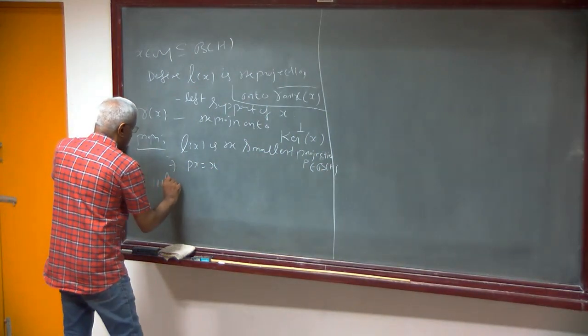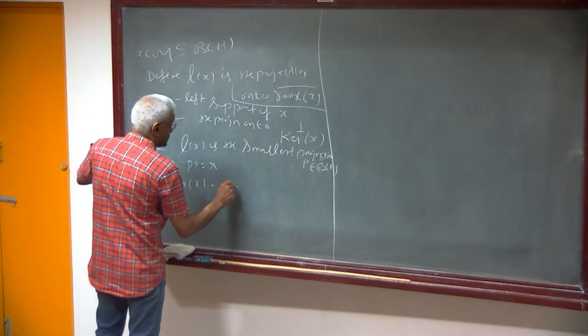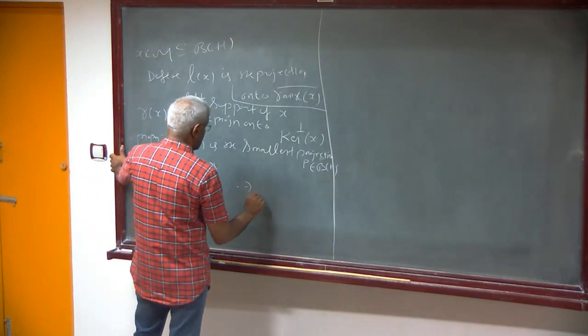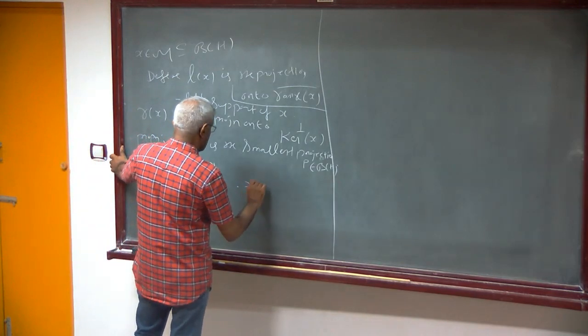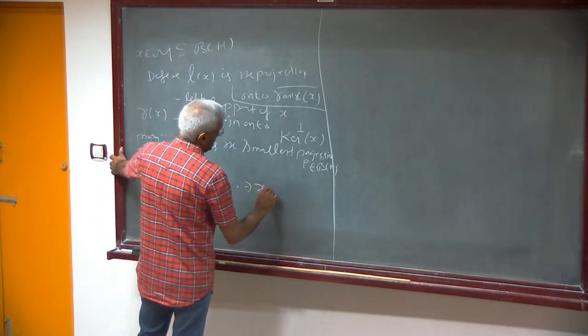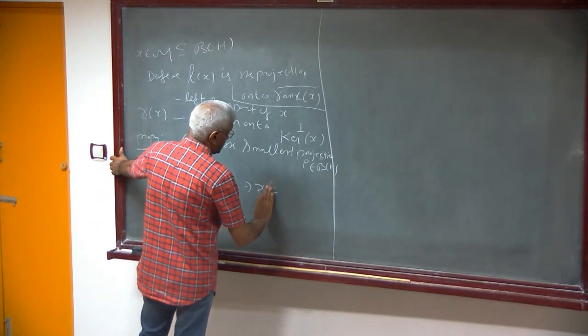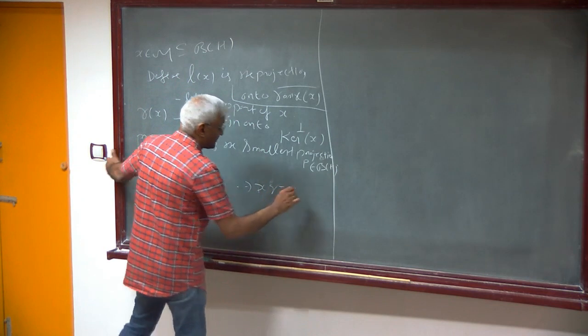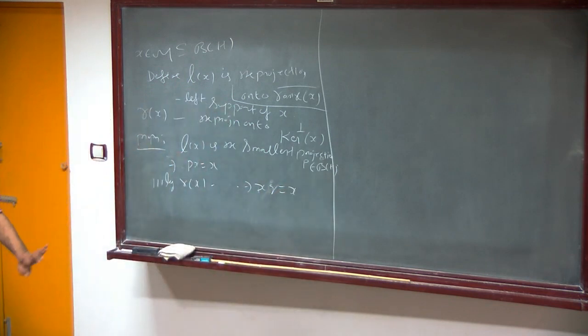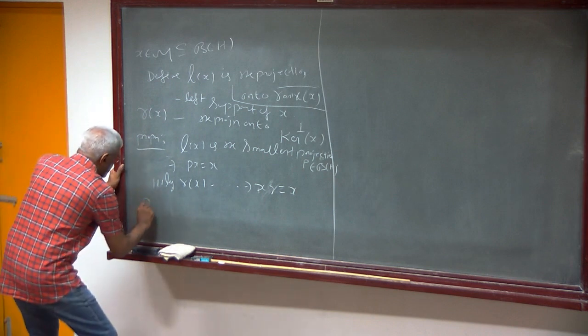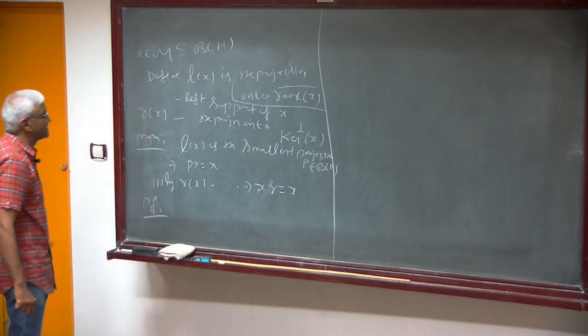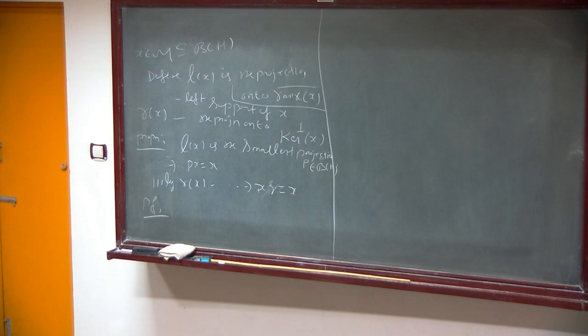Similarly, R of X is the smallest projection Q such that XQ equals X. Left support and right support. So this is easy to see, just a remark, but let's prove it.